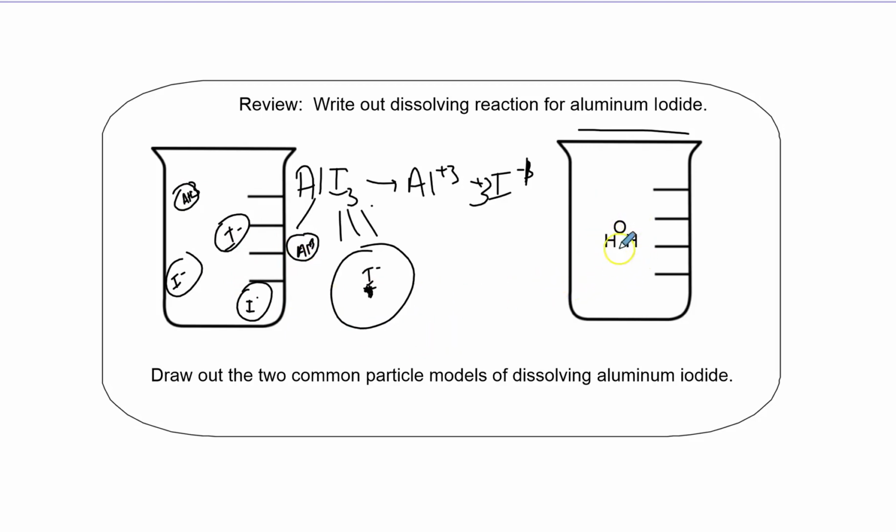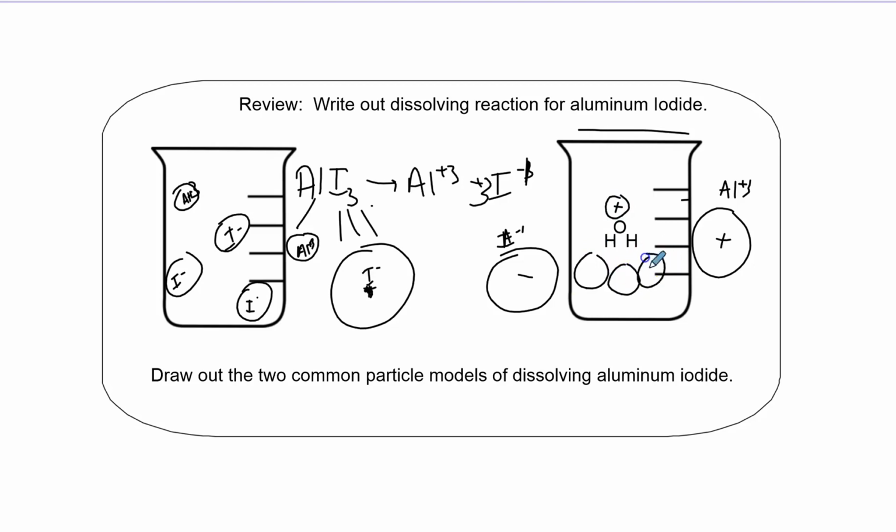All right, so here we have another option where we have a water molecule, and the iodides are negative, so we might list this one as the I-, and then the positive would be the Al 3+. So we'd have 1 positive here and 3 negatives over here, just because that's the ratio they're used at.